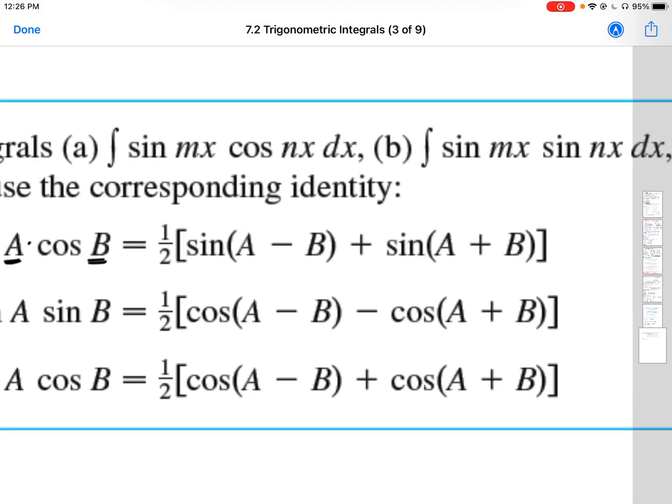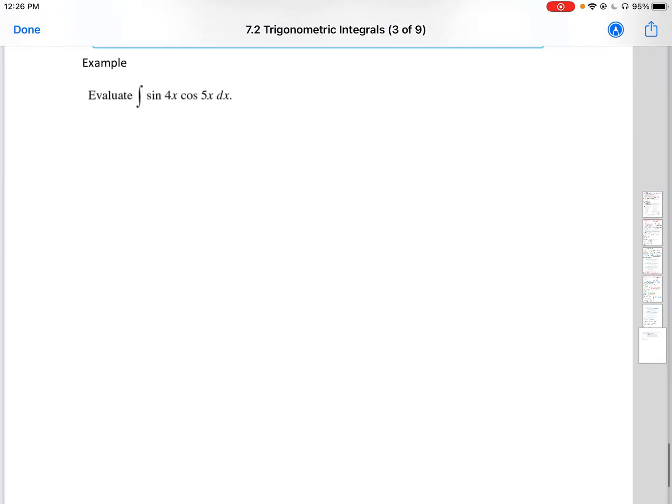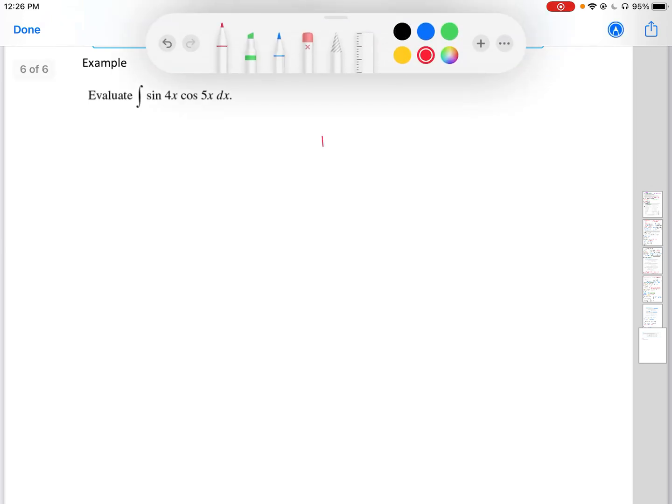Let's see an example so we can make sense of the words that just came out of my explanation. All right, so we have evaluate the integral of sine 4x cosine 5x dx. Where's the problem? We have a sine and a cosine, we're great. We're great, right? Well, we're not. If we let u equal sine, this is why it doesn't work.